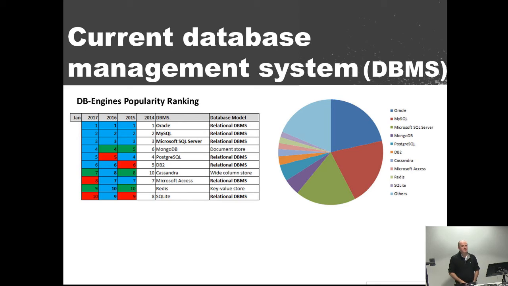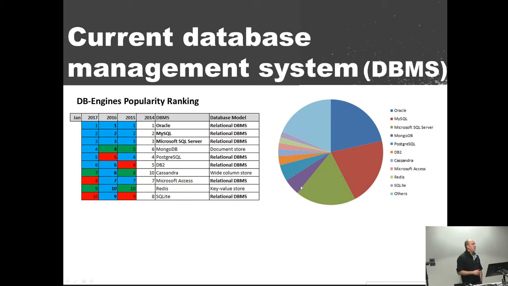So here are the percentages of usage for the different database systems. It's quite interesting to see that the first 3 are doing basically 2/3 of the market. Although MongoDB is going up, it's really a tiny share of the market.